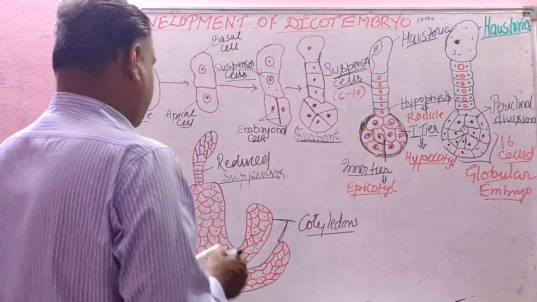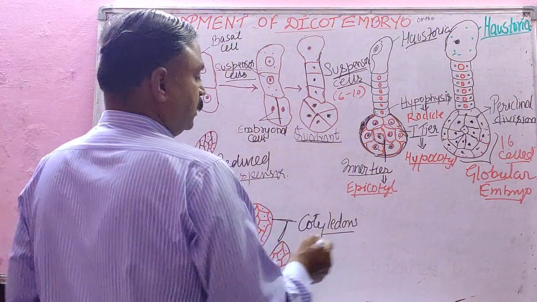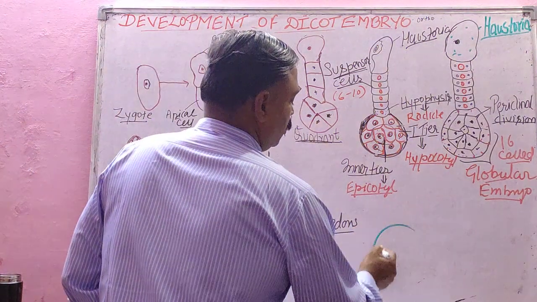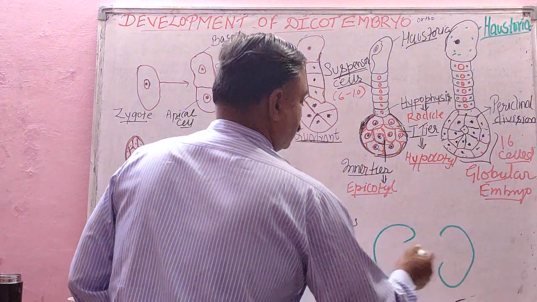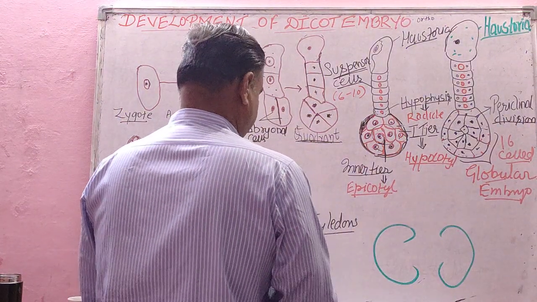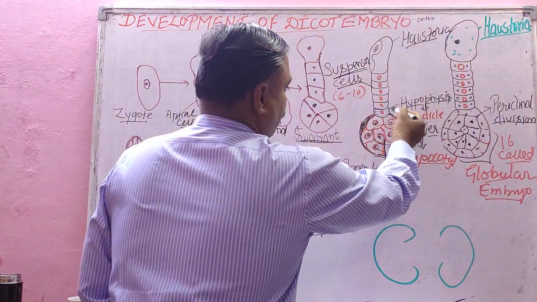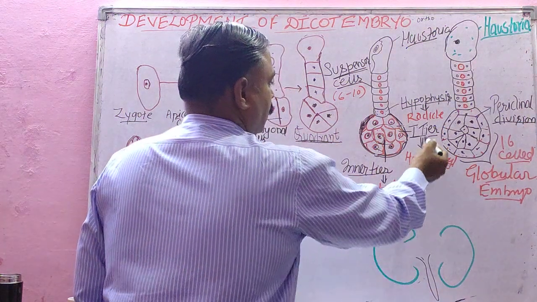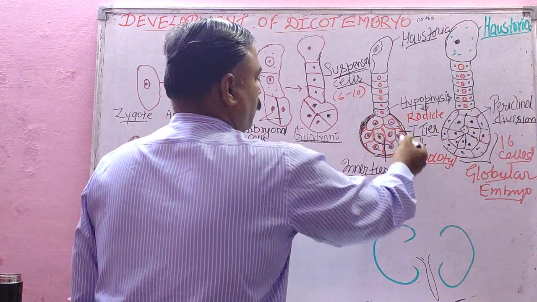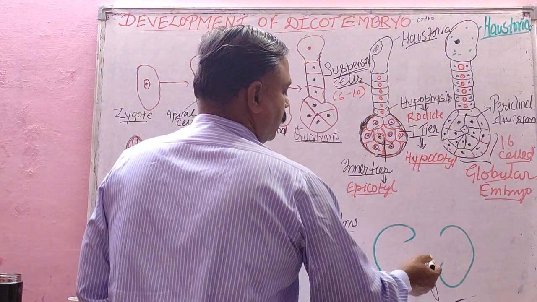And in the ultimate structure, what do we see, student? We see two cotyledons, and this hypophysis will become radicle like this, and the first tier of this stage will become hypocotyl.